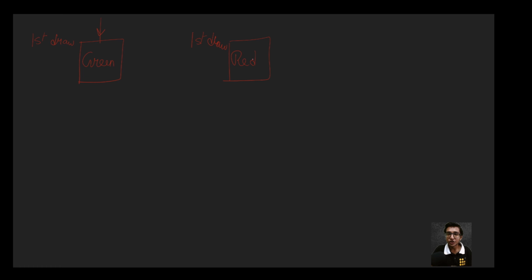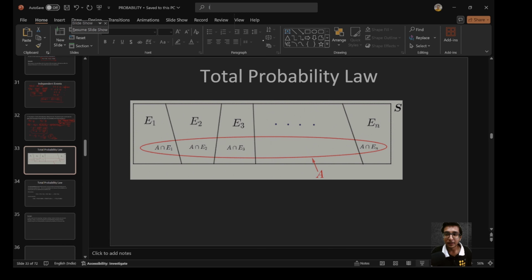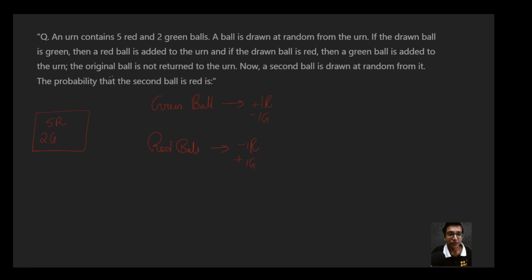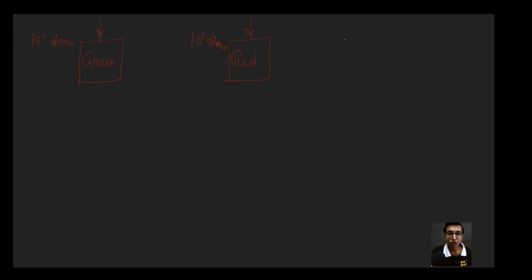So either of these two can be my options, right? Either I choose a green ball at the first draw or a red ball. So what is the probability for me to choose a green ball? First of all, there are in total 7 balls here, 5 red, 2 green. So what is the probability for me to choose a green ball? It is 2 by 7. And what is the probability for me to choose a red ball? It is 5 by 7.